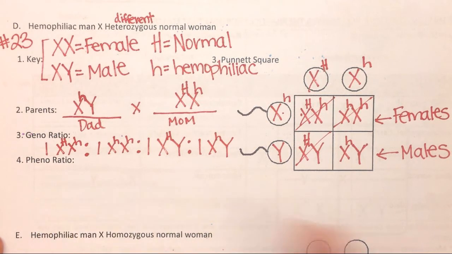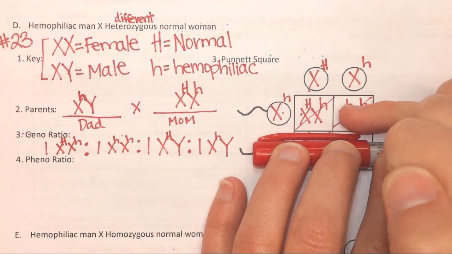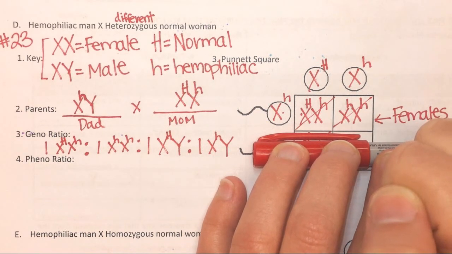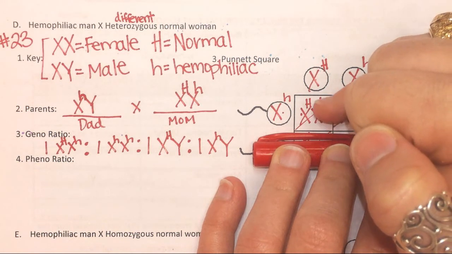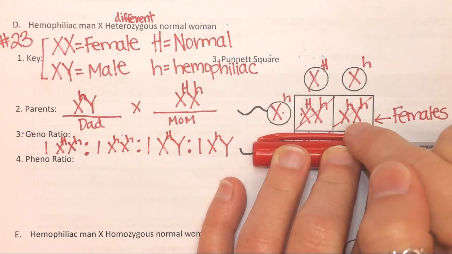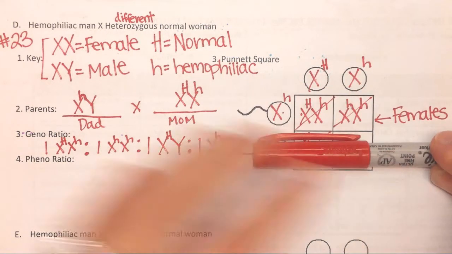For the phenotype, cover up one of the genders and interpret the other boxes above it. So I covered up the males, let's just look at the females. I can see that this female, because she is XX, has at least 1 capital H, making her normal, and this female has 2 lowercase h's, making her a hemophiliac.